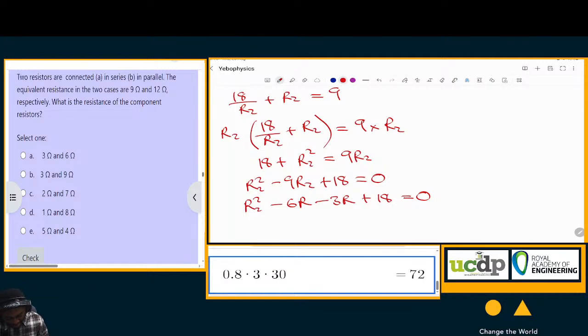Then you can factor out R2. R2 becomes R2 minus 6. Then you have minus 3 rather.